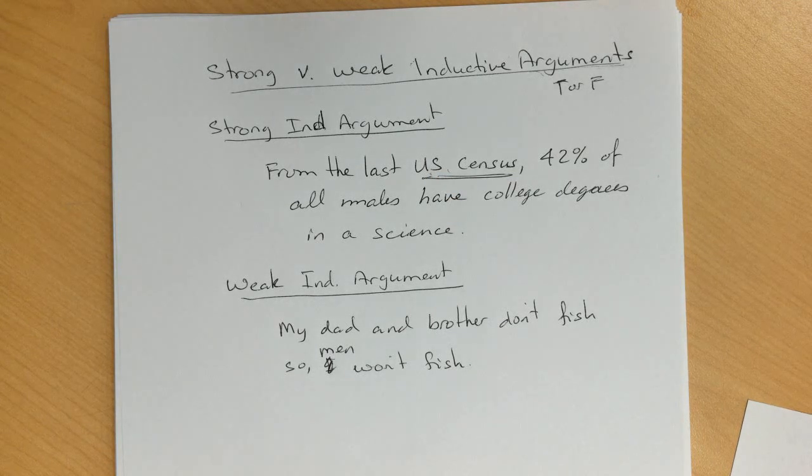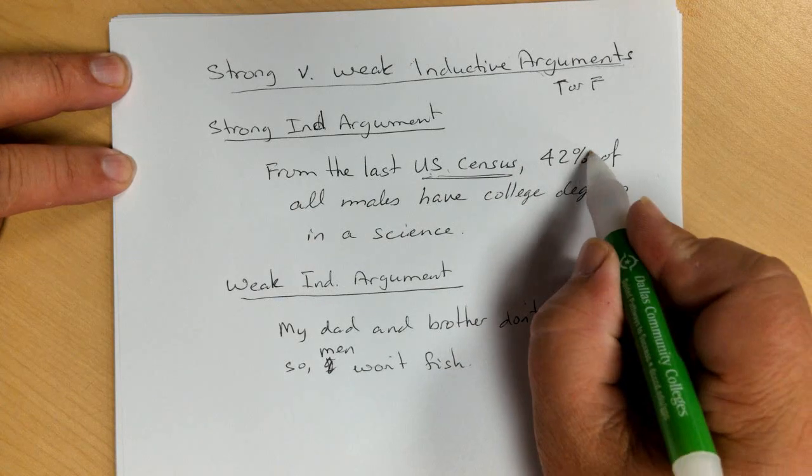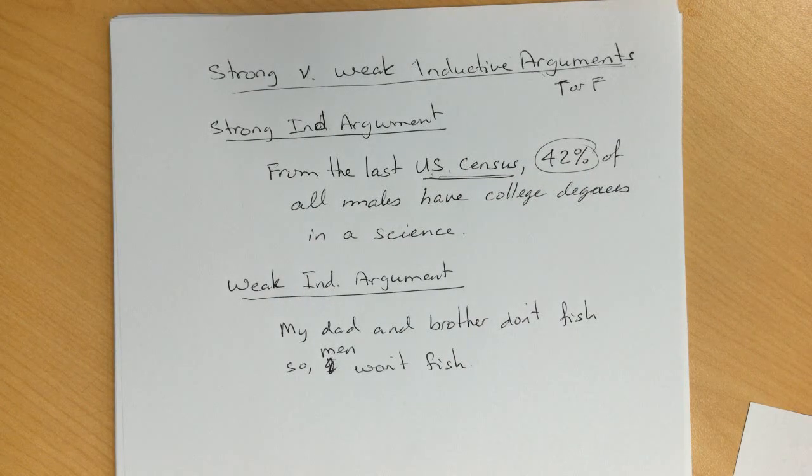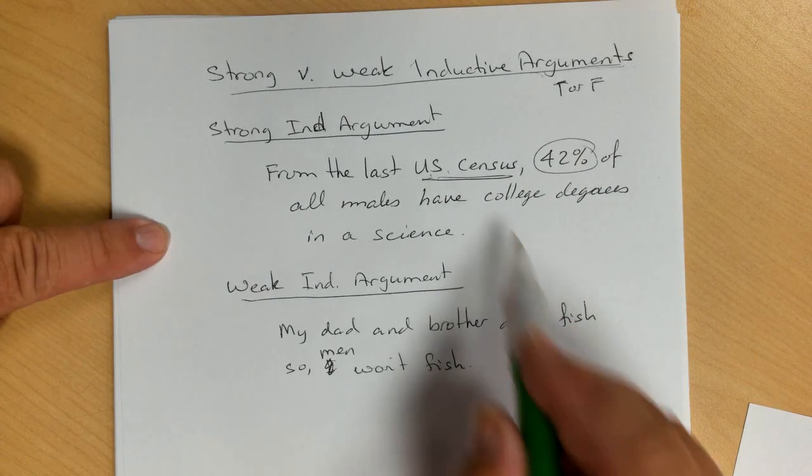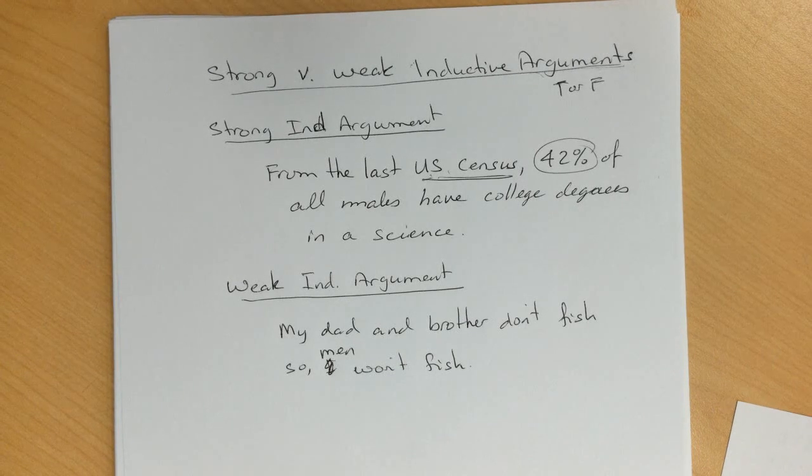Everybody in the United States should answer this questionnaire about education, income, all sorts of stuff. That gives the government a much better picture of what's going on and where the money should go. So this is exact. If it says 42%, that means exactly 42% of the men have college degrees in science. That's a strong argument.